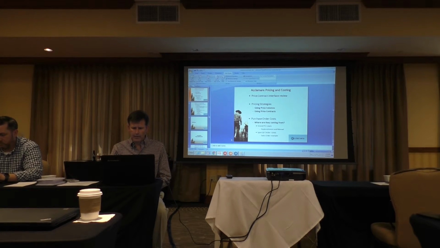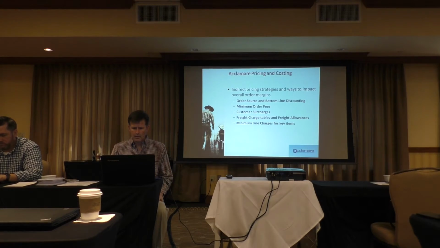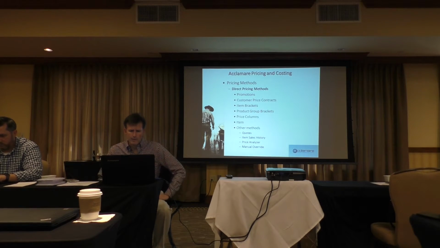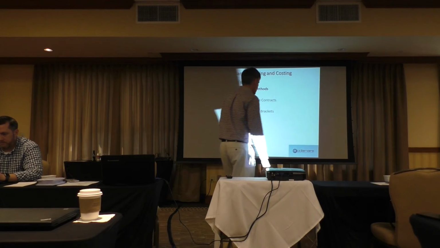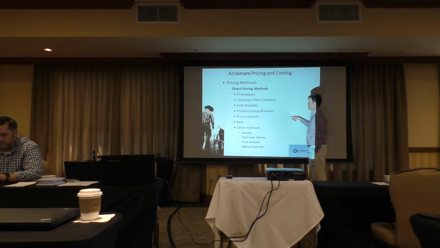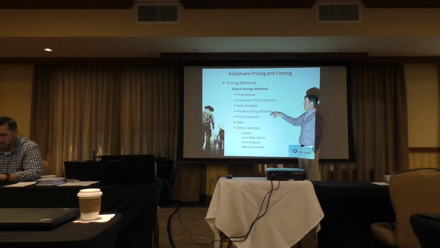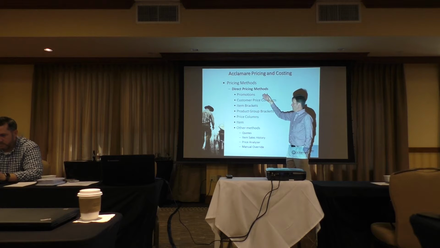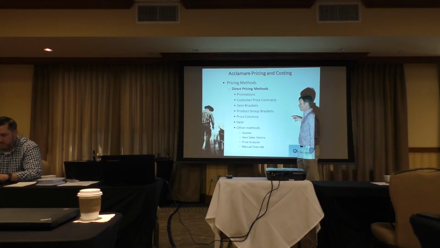So going back here to what we were looking at before, it's a global price column or price bracket formula. It goes right here. So promotions would override it. Customer price contracts would override it. Item brackets would override it. Product group brackets would override it. You know, if you don't have any of this, it's going to fall through to this.